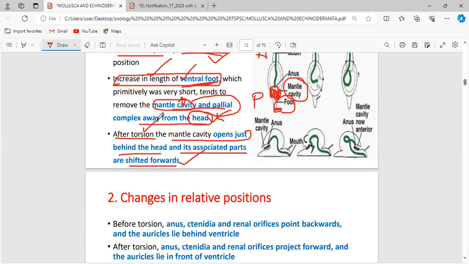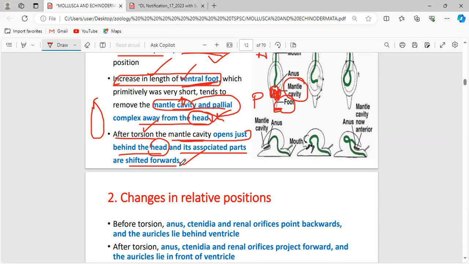As a result of torsion, the mantle cavity opens just behind the head, because of the anticlockwise 180-degree rotation due to muscular contraction. All other important parts seen initially in the posterior position are moved towards the anterior region as a result of this torsion.